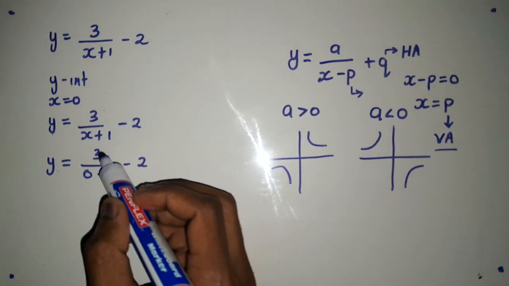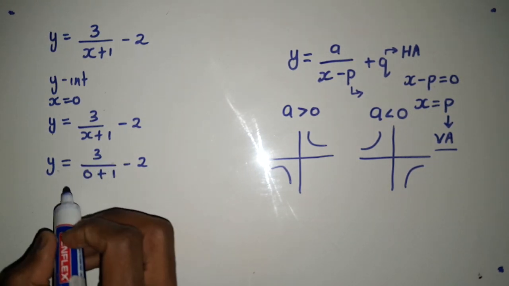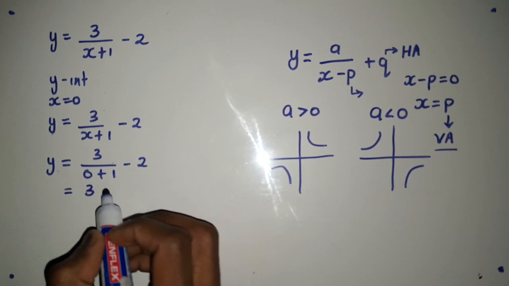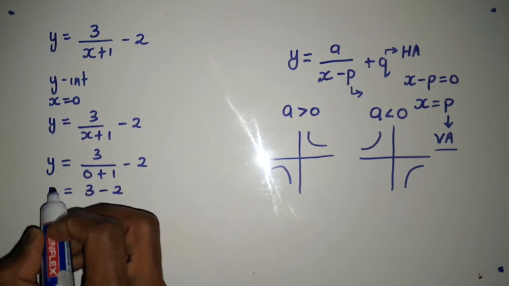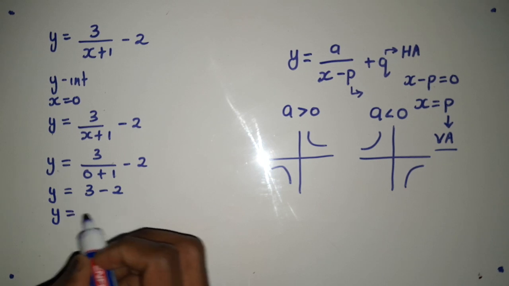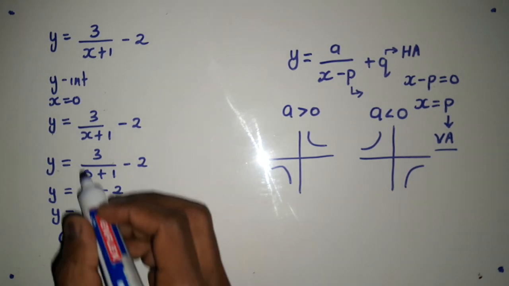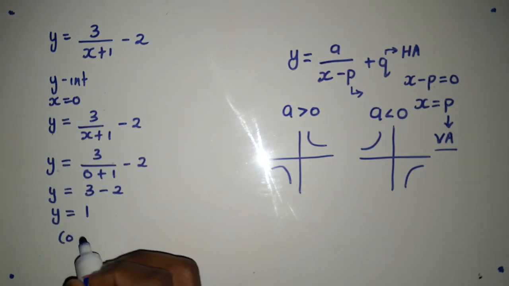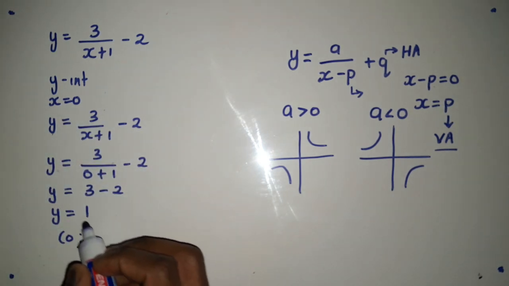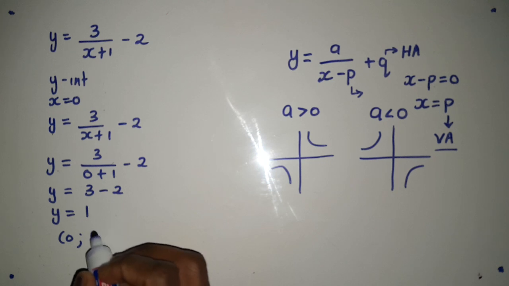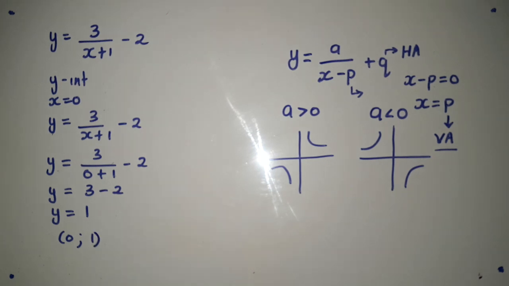Then 3 divided by 1, we must get 3. Then we have minus 2. Our final answer is going to be 1. We set that x to be 0, then we got our y to be 1.